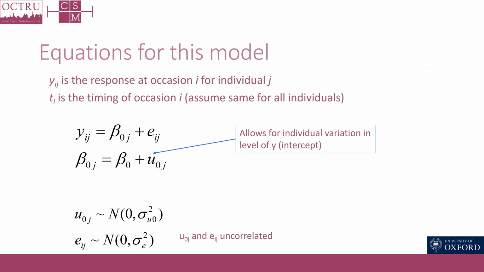The way we estimate this individual level residual in a statistically efficient way is by estimating the variance, sigma U naught. What we're saying here is that those individual means vary around the population mean, and this variability is summarized by the between individual variability, sigma square U naught. Additionally, we also have the residual error or observational variability, or within individual variability.